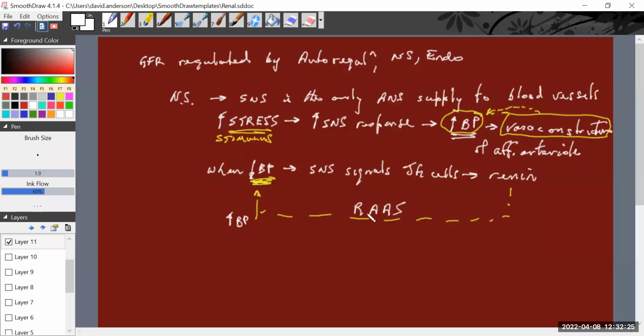Everybody's okay with these letters? You've probably taken these somewhere else: renin, angiotensinogen, angiotensin 2, system or mechanism. We're okay with that? Okay. So this is the way the nervous system is going to be involved.